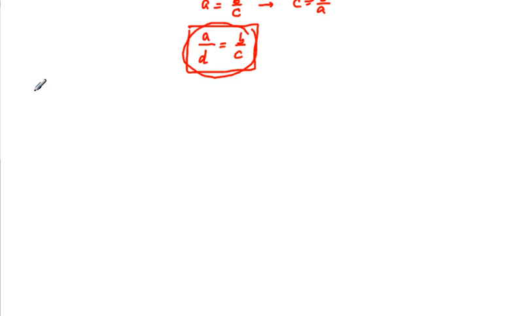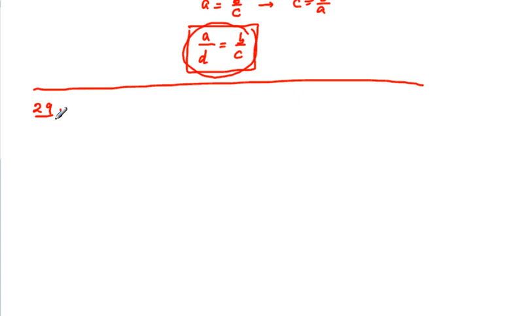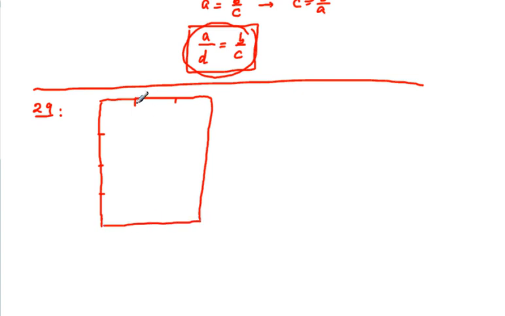A much more extended problem that we want to talk about is problem 29, which is a quilt design problem. So we have a problem that says somebody's building a quilt, and it is looking something like this.